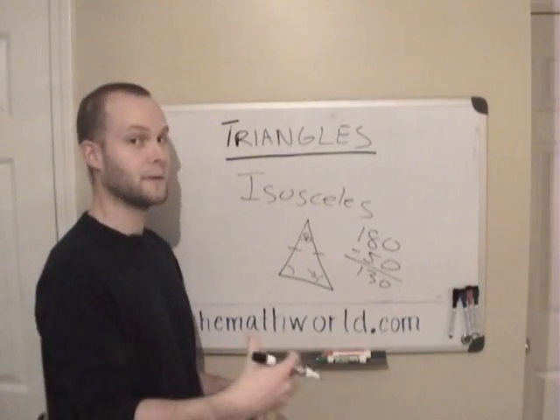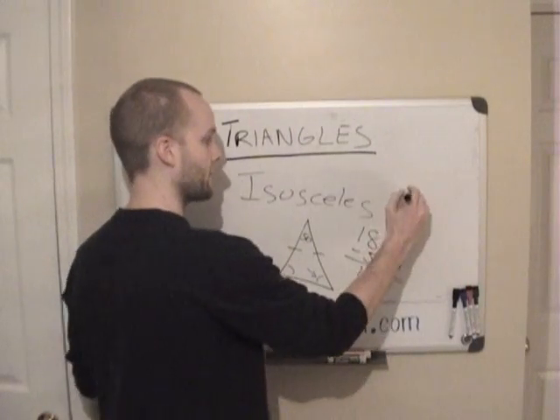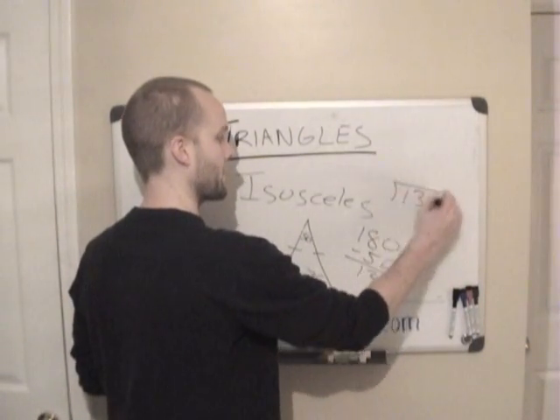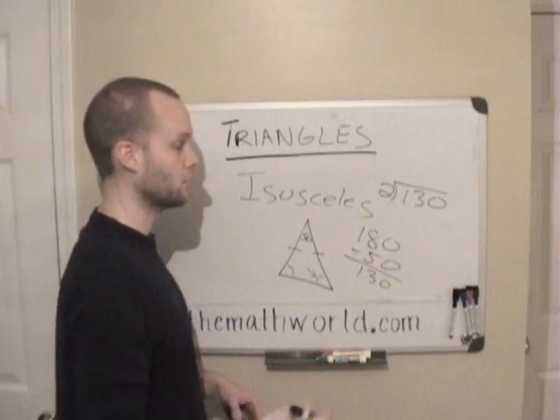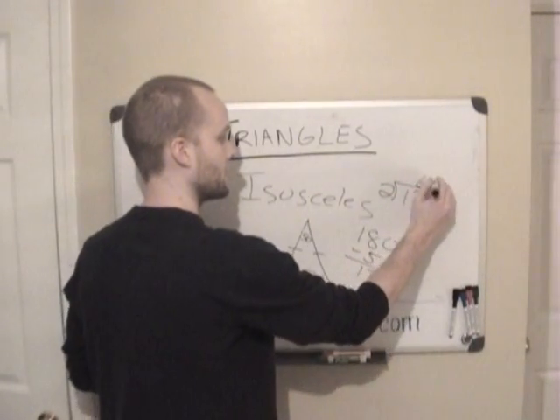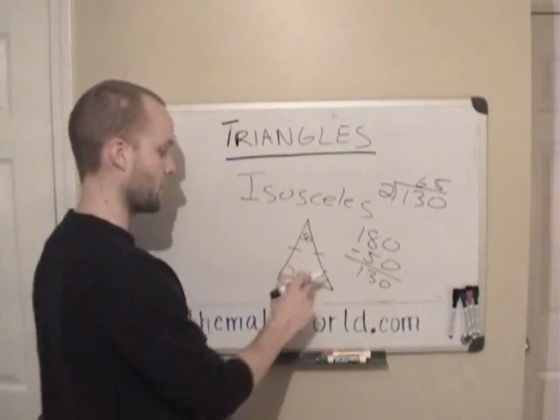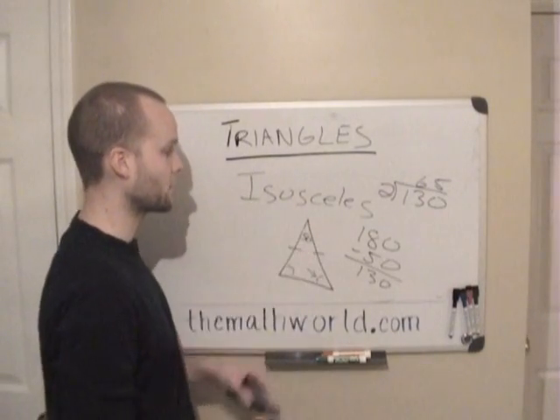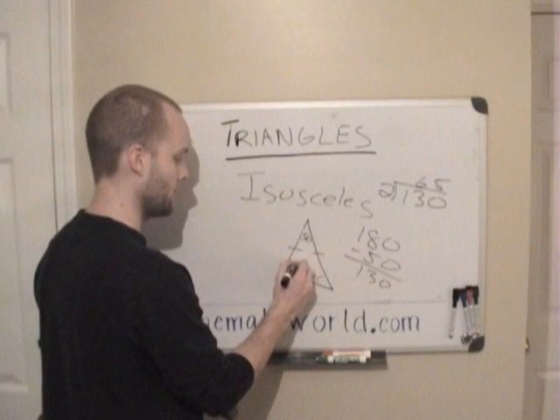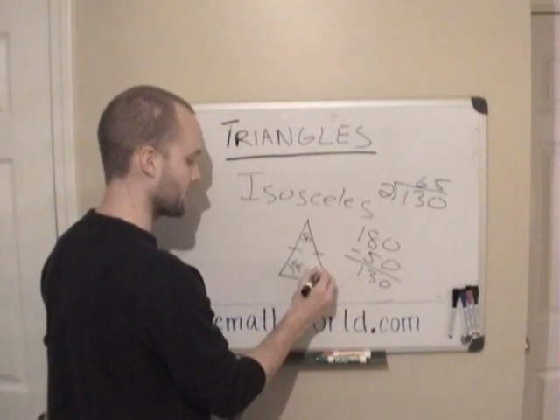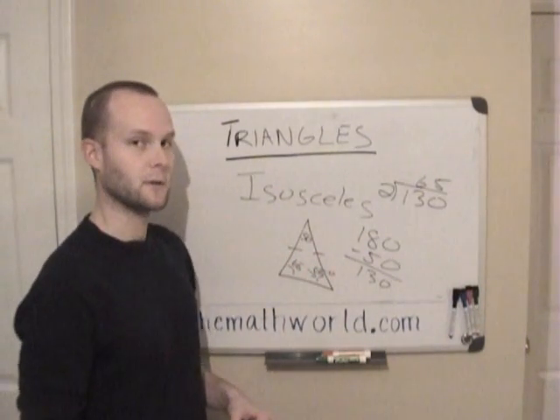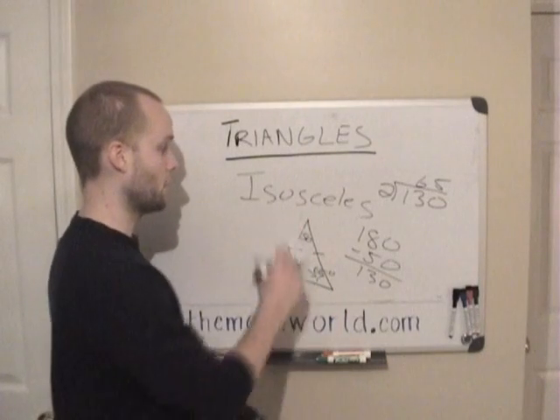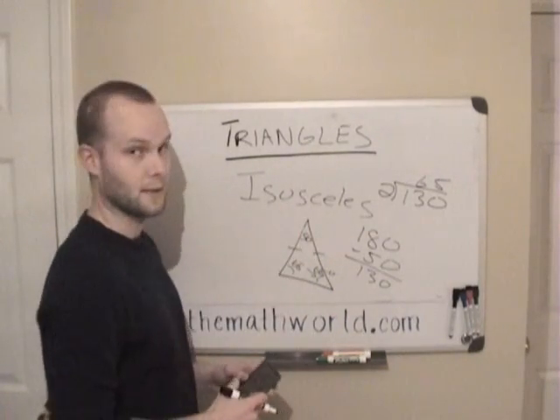And since we know they're the exact same, all we have to do is 130 divided by 2, and we're left with 65. Because both of these have to be the exact same. So if we're given 50 degrees for this isosceles triangle, then both of these angles are 65 degrees. And that's a nice little way to know angles in an isosceles triangle.